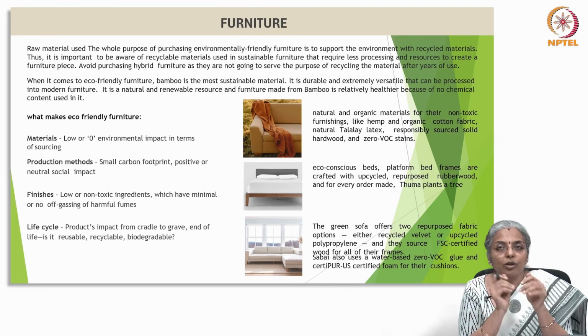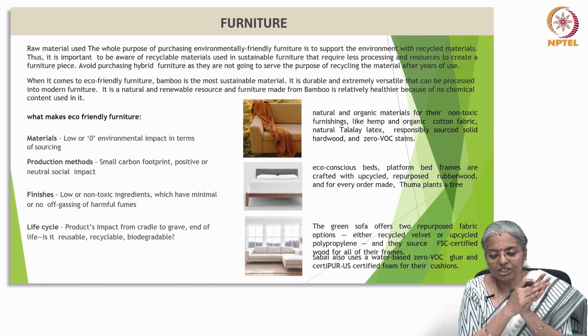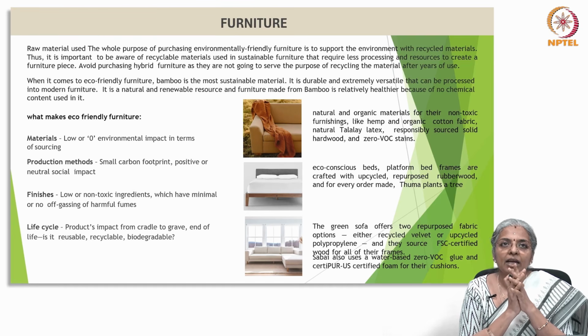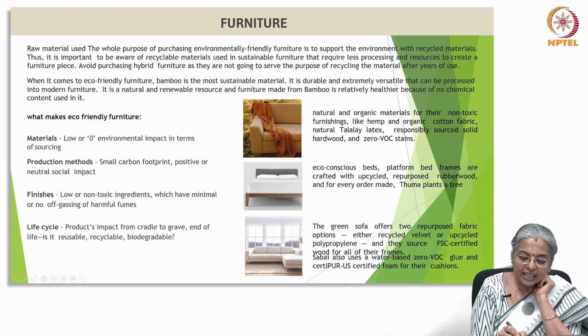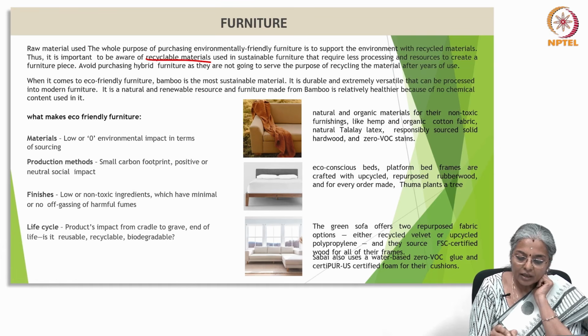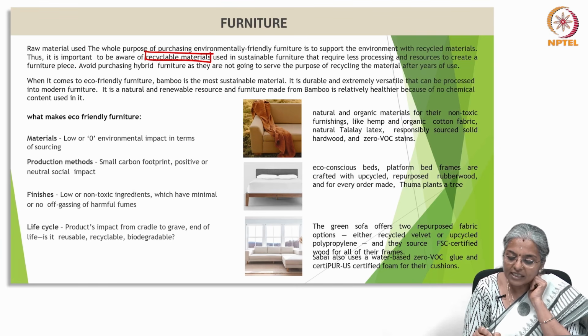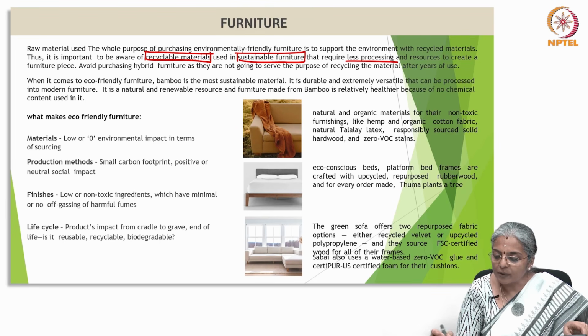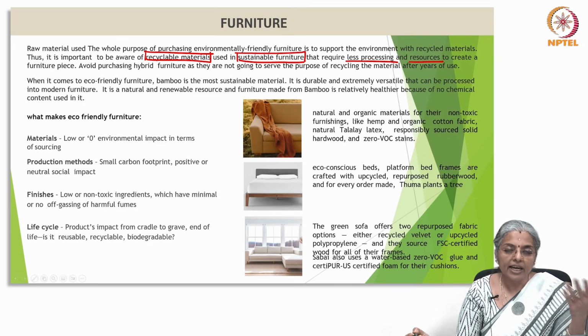The whole purpose of purchasing environment friendly furniture is to support the environment with recycled materials. Thus, it is important to be aware of recyclable materials which are used in sustainable furniture that require less processing and resources in order to create a furniture piece.